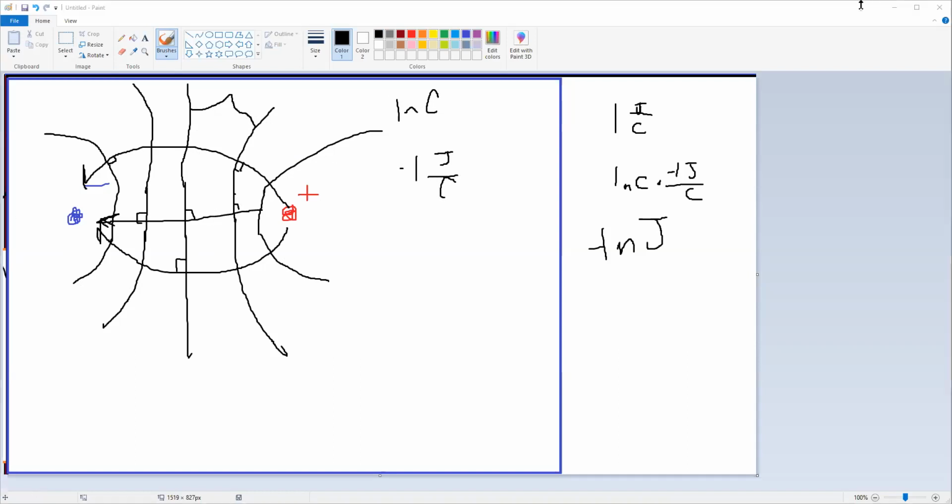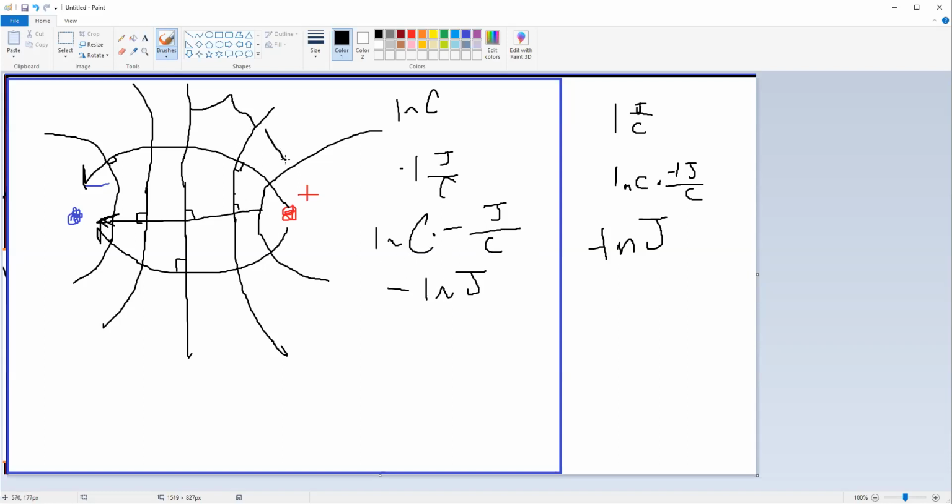So I'm going to get 1 nanocoulomb times -1 joule per coulomb, and I'm going to get -1 nanojoule. Work is done by the particle if I move this way, and work is done on the particle if I move this way.